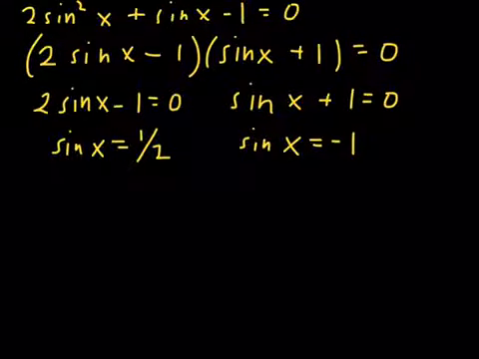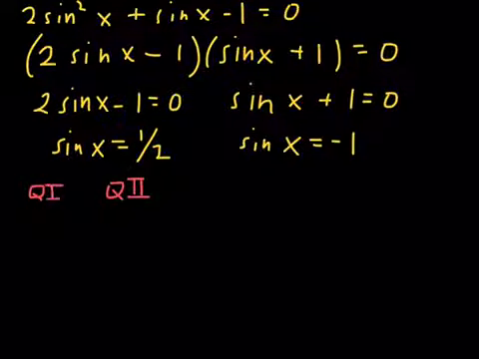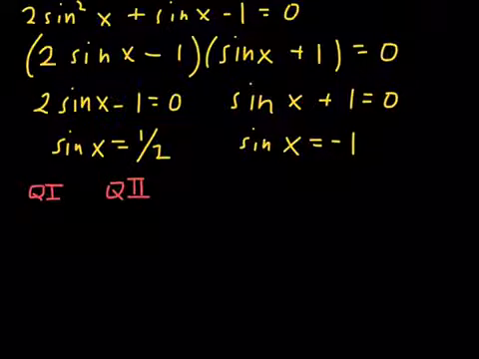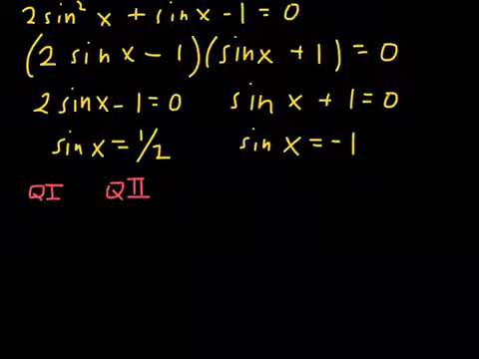When is sine positive? Sine is positive in quadrant 1 and in quadrant 2. That's it, okay? When you think about sine of x equal to -1, sine is -1 at only one time on the unit circle.